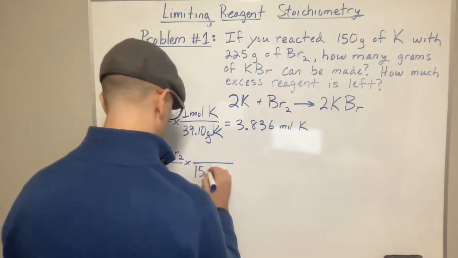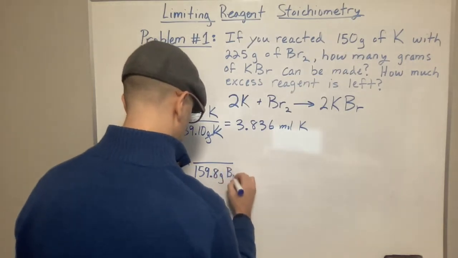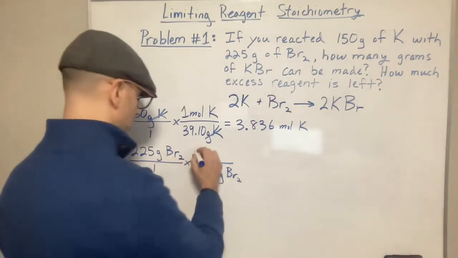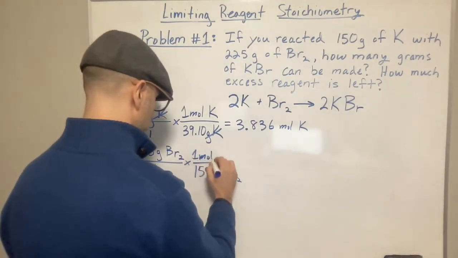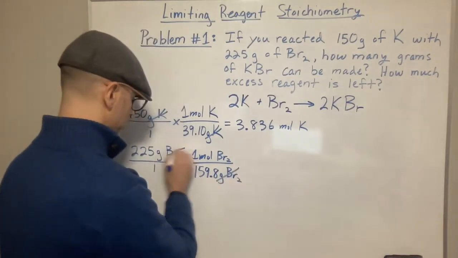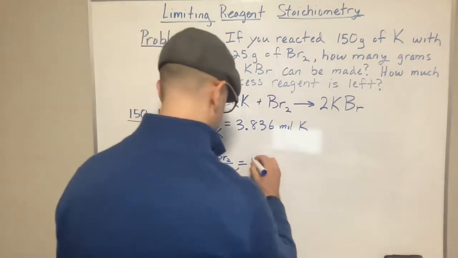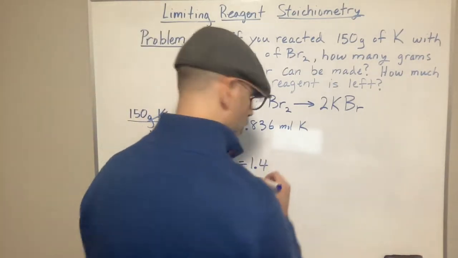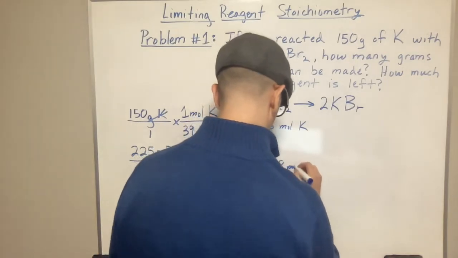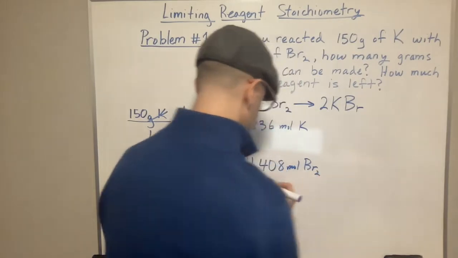So 159.8 grams of Br2 on the bottom, so it'll cancel out with grams here, and 1 mole of Br2 on top. So the grams cancel out, and I'm left with 1.40808 moles of the bromine.